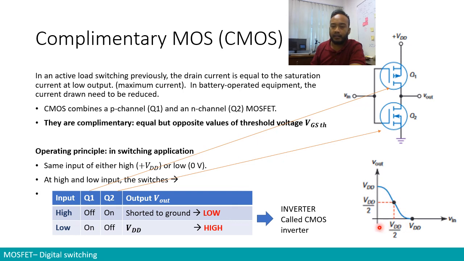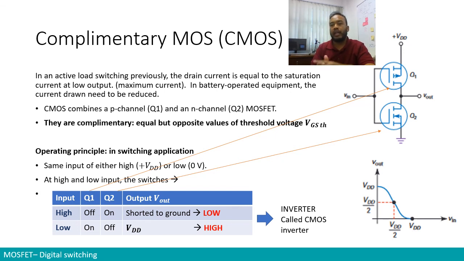So the most important thing in CMOS is that without any large resistance over here, we have reduced the saturation current and made the inverter switch more efficiently. This is basically the most basic form of digital switching that constructs the building block of our computers today.